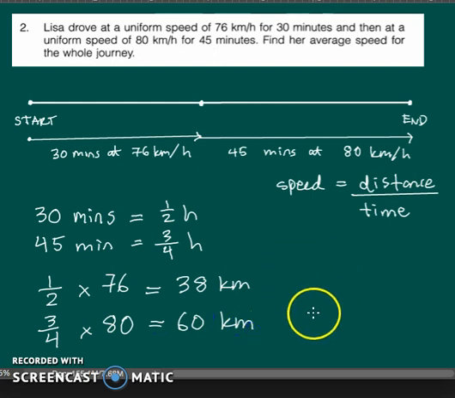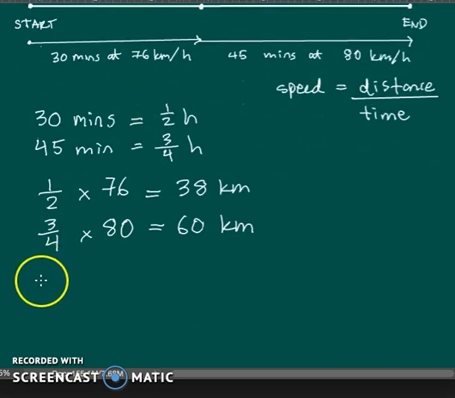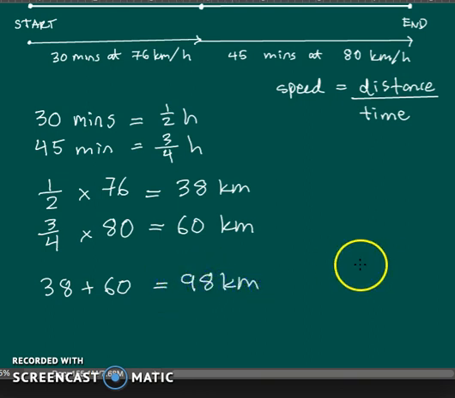So now we can tell how far she went all together. 38 plus 60 gives us a total of 98 kilometers from the beginning to the end of her journey.